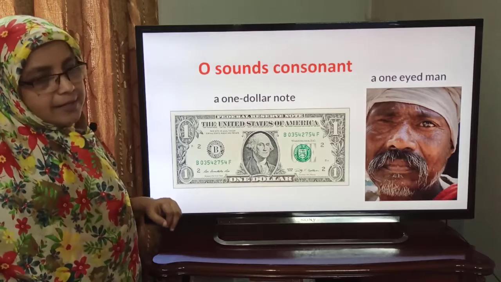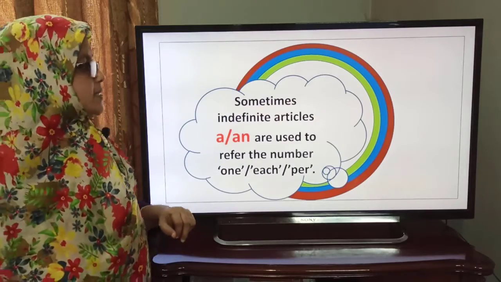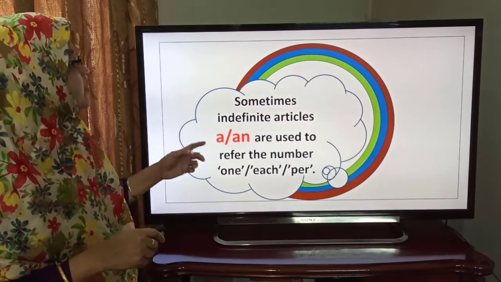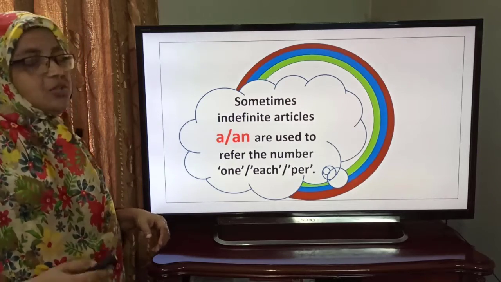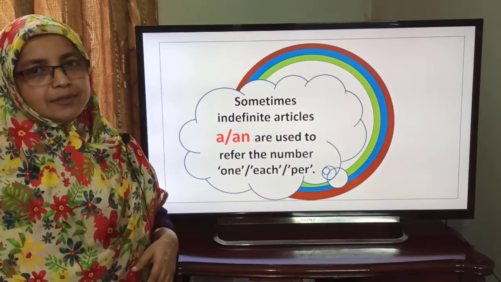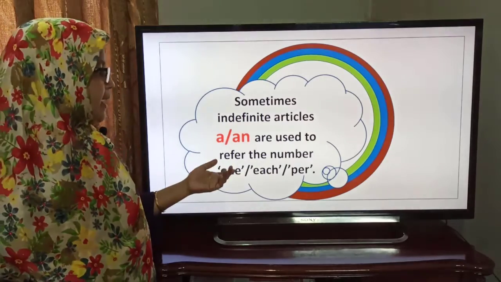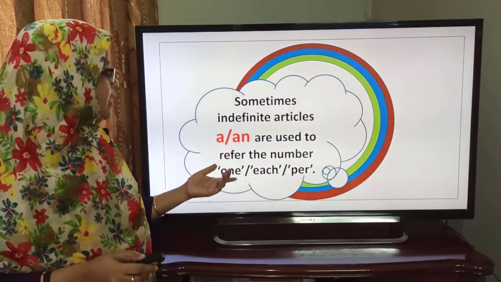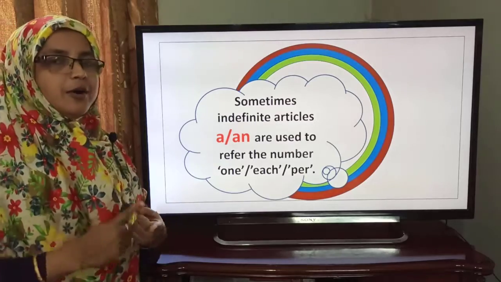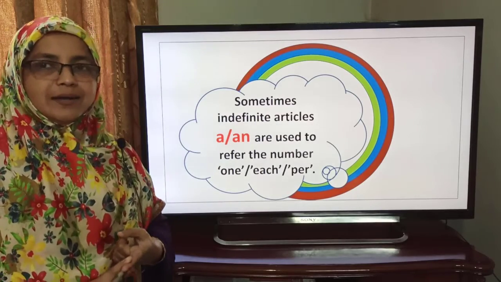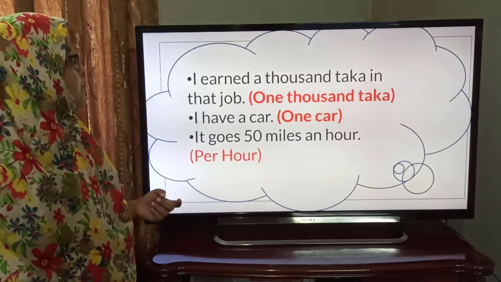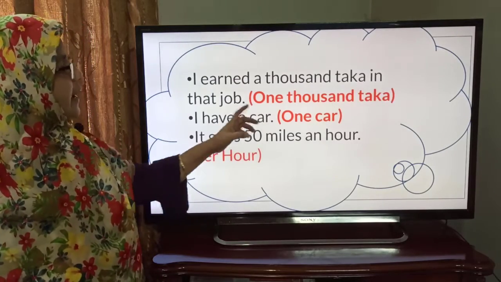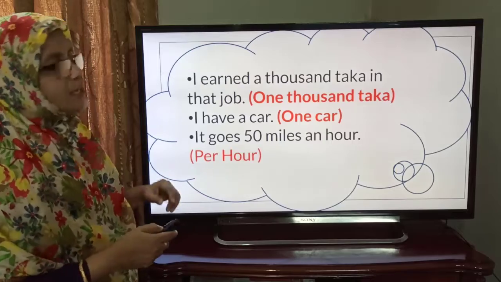So let's see another rule. Sometimes the indefinite articles a and an are used to refer to the number one, or each, or per. We have to use a or an for indicating one, or each, or per, such as per hour, each hour. Okay, let's see. I earned 1,000 taka in that job.